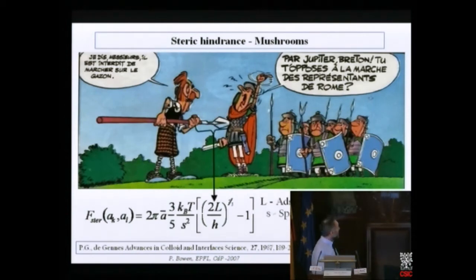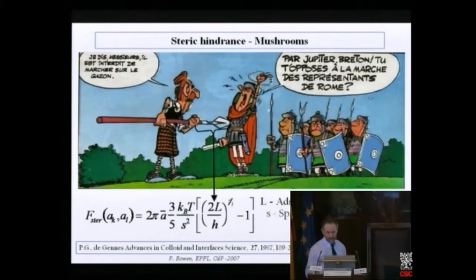So this is what we have to control. There's a great article by Pierre-Gilles de Gennes, if you want to read about the basic approach to this type of scaling methods. What we've got here again is our harmonic radius for two particles of different size. This is our steric force, this is our adsorbed layer thickness, and we have other factors, like the spacing of the adsorbed molecule on the surface.